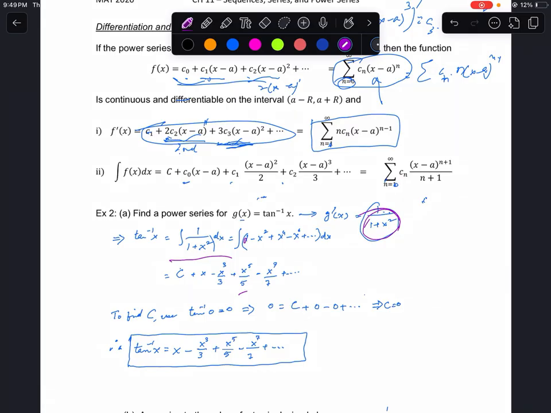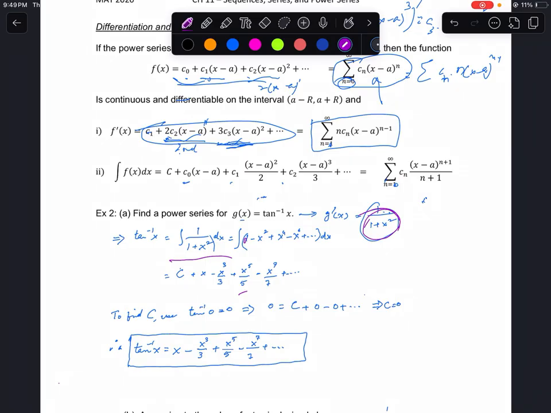Plus so on. Now to find c, we use the fact that tangent inverse of 0 is equal to 0. So when we plug in 0 on the left hand side, we are going to get 0 because tangent inverse of 0 is 0. On the right hand side, we will get all zeros except for the c.